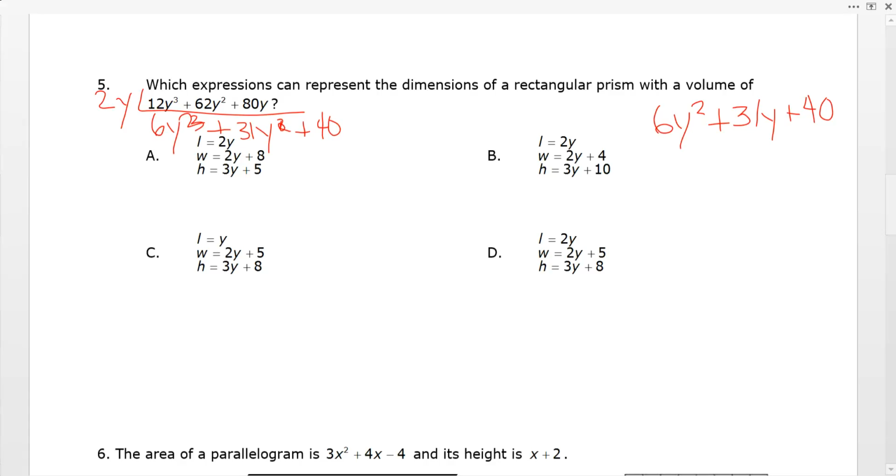My sum is 31. My product is 40 times 6, which is 240. Factors of 240 that add up to 31. 24 times 10.